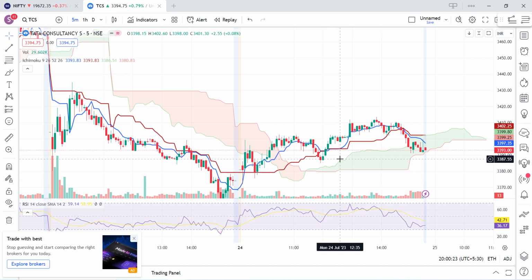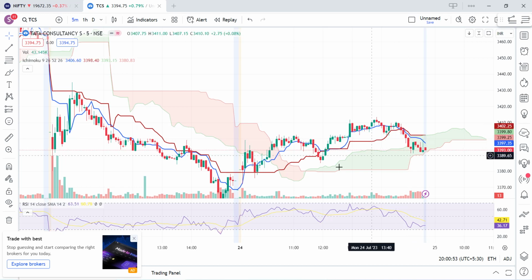As per my analysis, HDFC is also in corrective mode and Reliance also had a big fall, so I didn't take the risk. That's the reason I didn't take equity shares, equity trading. Today there was another chance here, and another chance here, but it doesn't sustain upside, so again it ended with a stop loss.